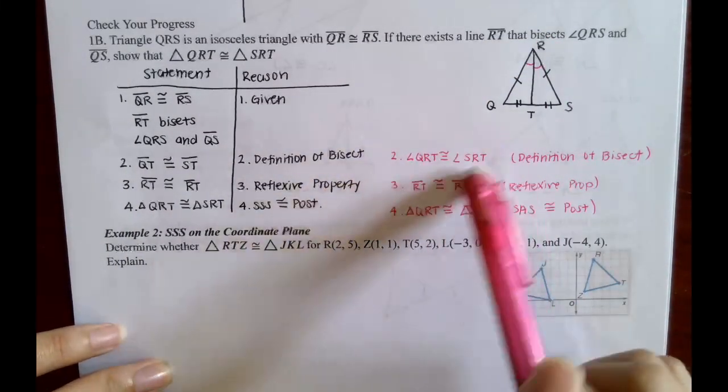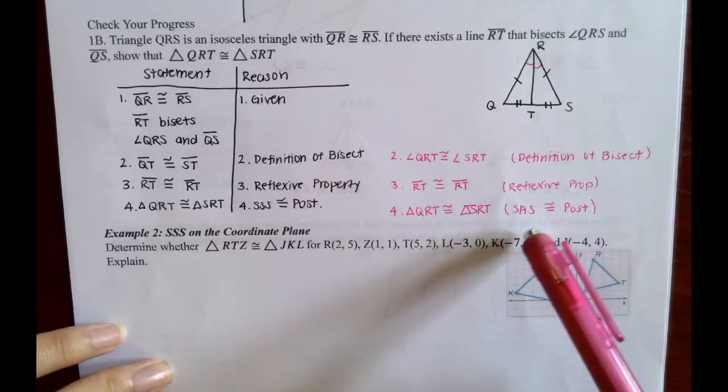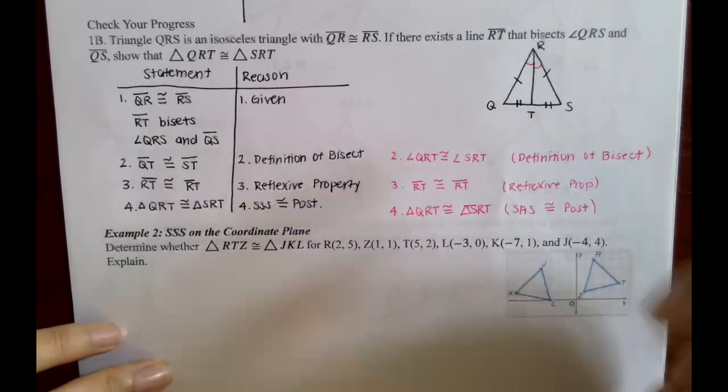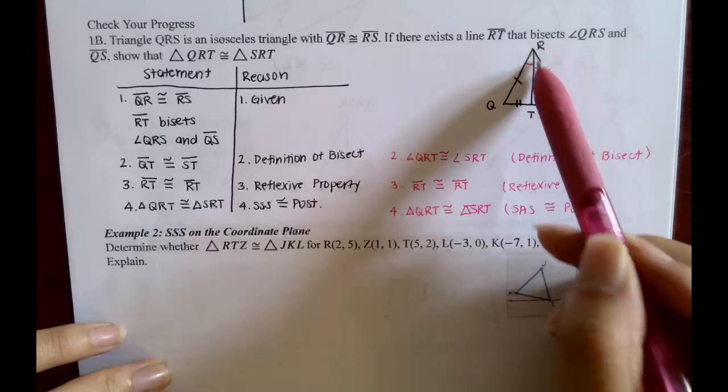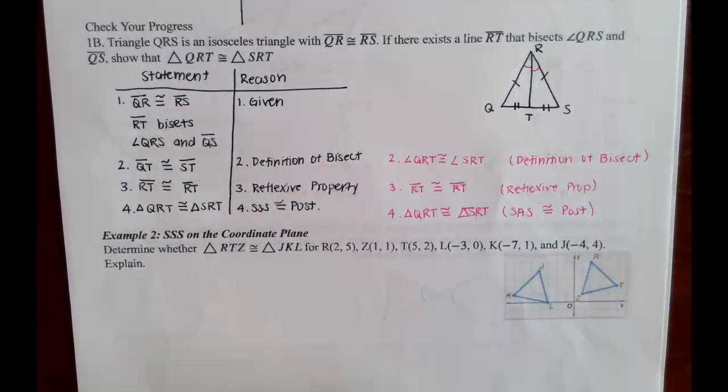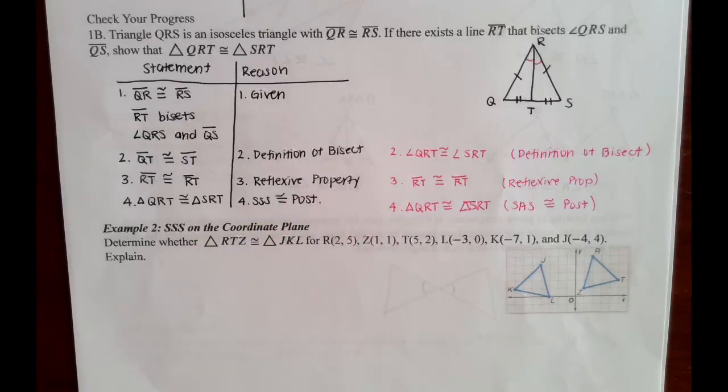If you chose to talk about the angle being bisected, then you have side, angle, side because of this angle, this side. Okay, so because of that extra information that it told us that it bisects both the angle and the segment, there is more information that allows us to use two different ways to prove it.